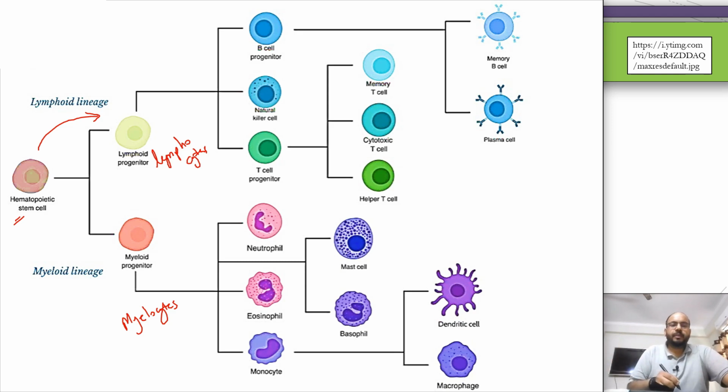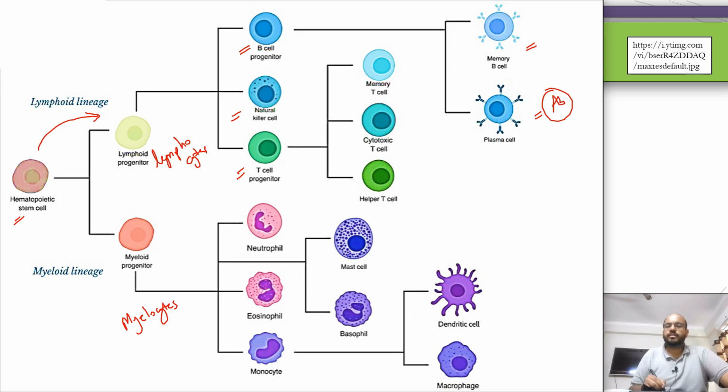Clear? Now, lymphoid progenitor will give rise to B cells, T cells, and a specific type of lymphocyte, natural killer cells. Clear? B cell will further give rise to memory B cells and plasma cells. Plasma cells are responsible for formation of antibodies. Clear?